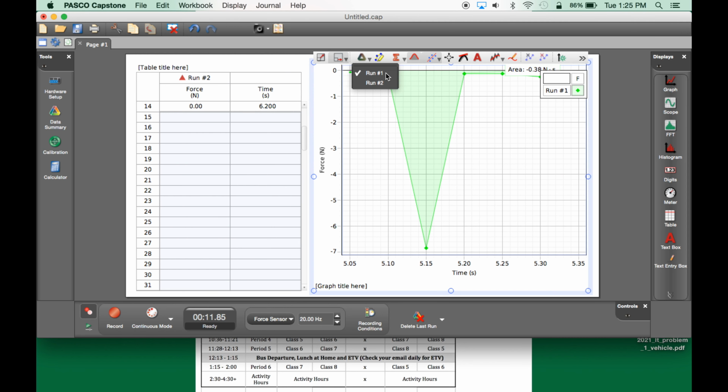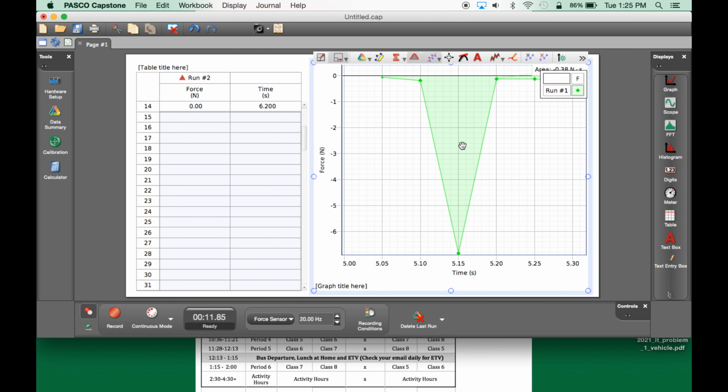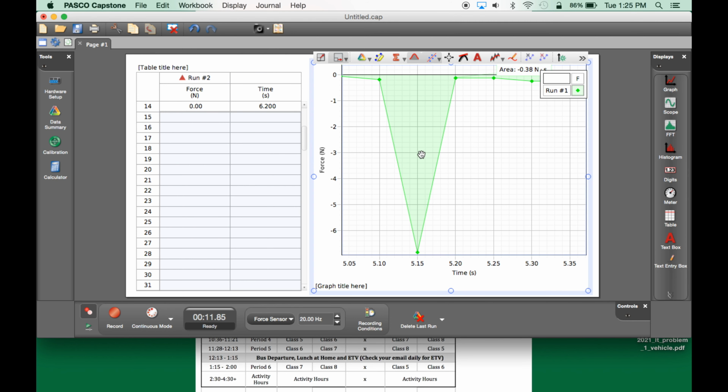And then, of course, that was with the rubber band, and with the string, the area is negative 0.38, only 0.1 seconds, but the force is much greater. Okay, think about that and answer the questions, and turn in the lab when I ask you for it to be due. Thanks.